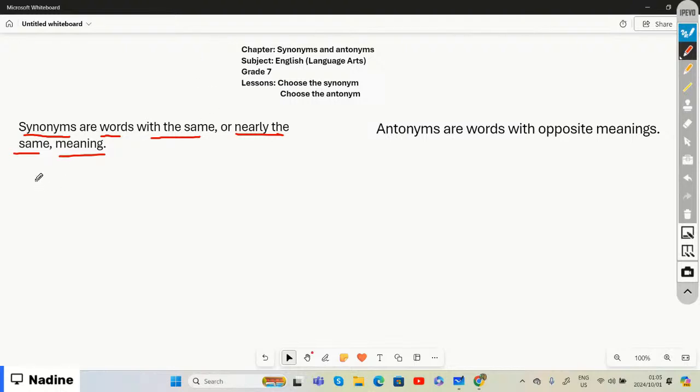A few examples of synonyms: you may have a word that is old. Another word for old, not very old, but another word for old, we can say is ancient. This is something that was very long ago.